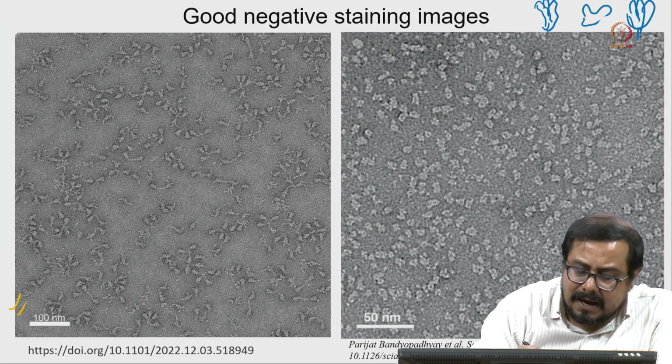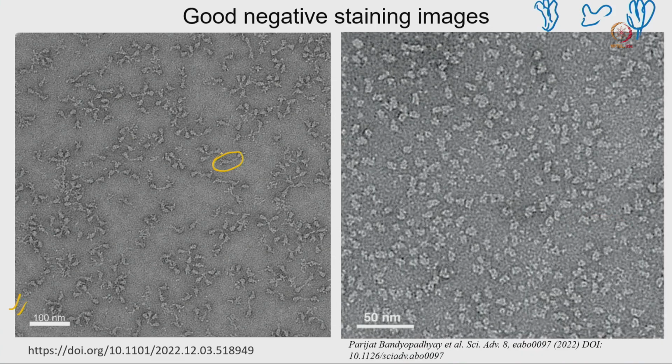You can see the background and a very homogeneous sample all over. There is not too much heterogeneity here. So this is one of the good negative stain images, where you can isolate the sample and protein clearly, and you can use those molecules for 2D classification.